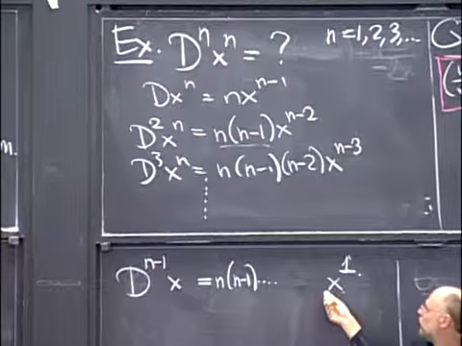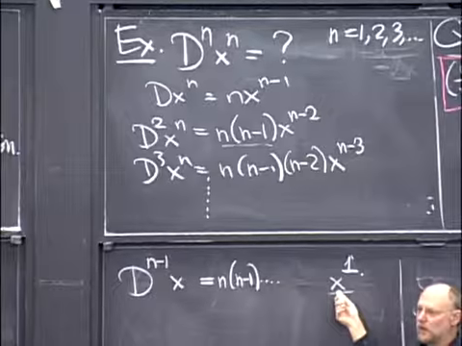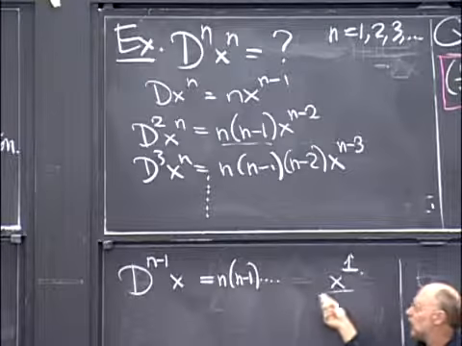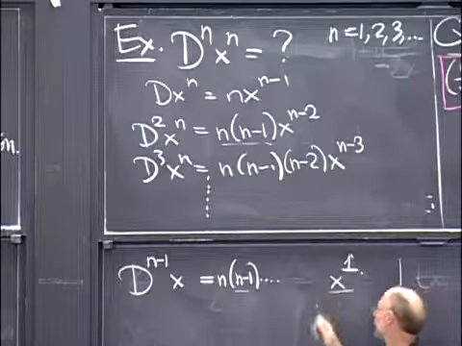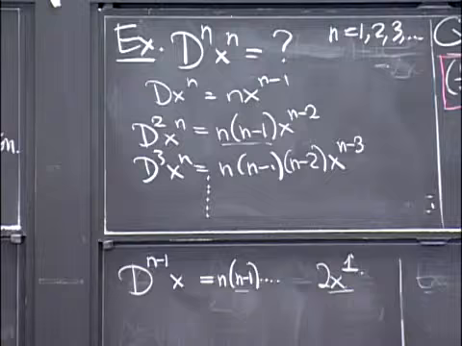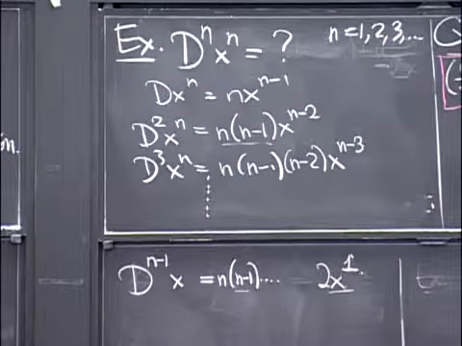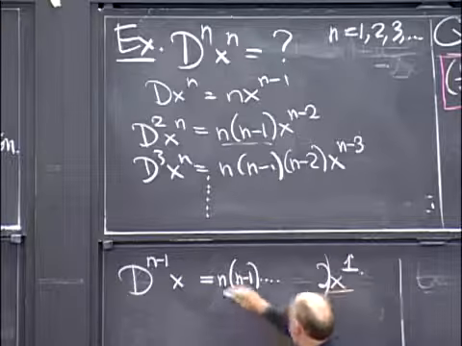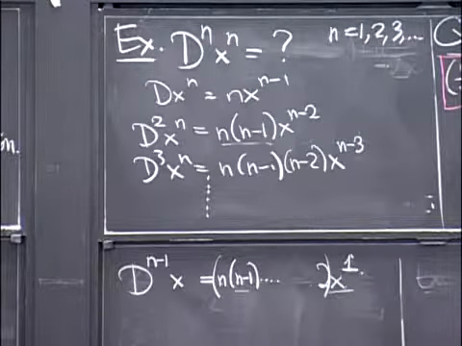What's the last integer that came down before when I got x to the first here? Well, let's see. It's just 2, because this x to the first power occurred as the derivative of x squared, and the coefficient in front of that is 2. So that's what you get. The numbers n, n minus 1, and so on down to 2 times x to the first.